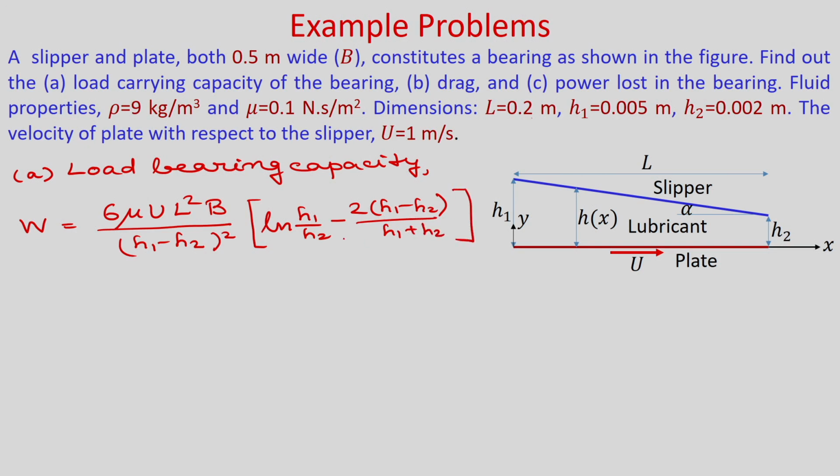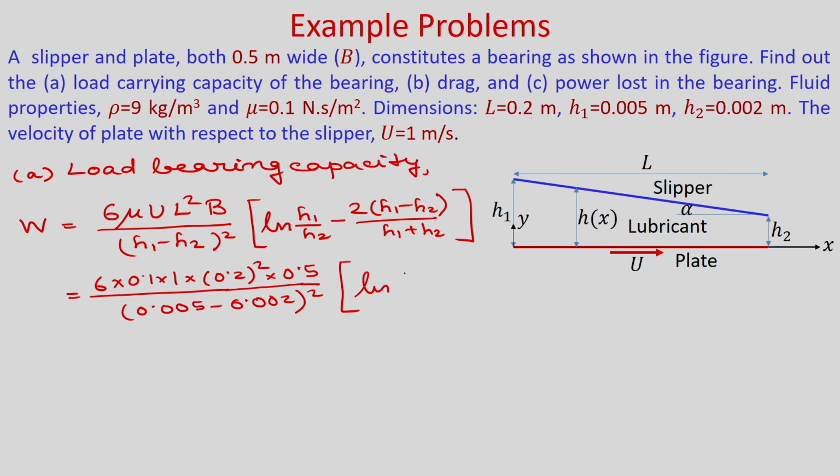So, you know all the dimensions, you put them here. So, you can see 6 mu is 0.1, then we have velocity 1, L is 0.2, then the width B is 0.5 meter divided by (0.005 minus 0.002) square.